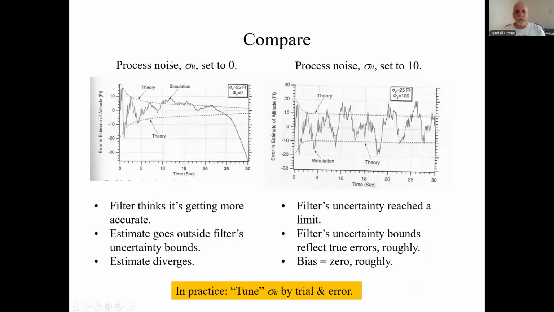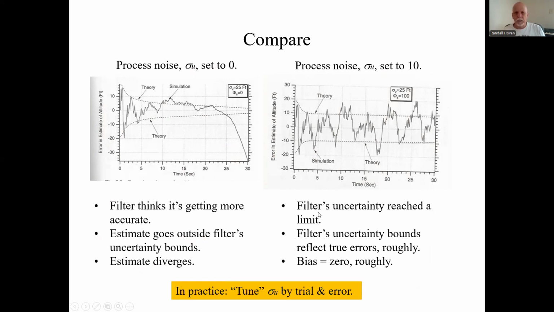So here's a comparison where the only difference was what we set that tuning parameter to. In this case, the filter thinks it's getting more and more accurate when it's getting more and more inaccurate. It finally goes outside the filter's uncertainty bounds, stays outside, and goes even further outside. We call that filter divergence.